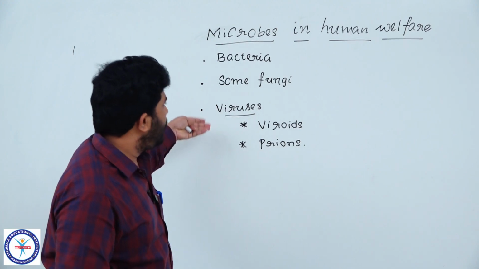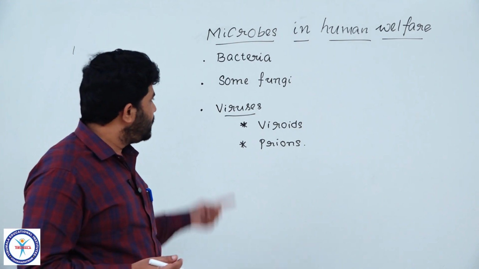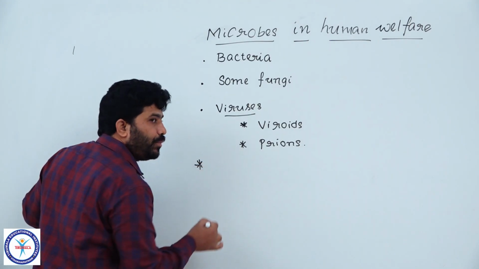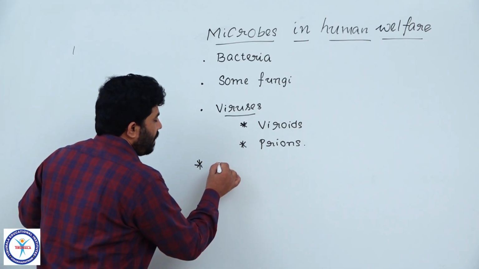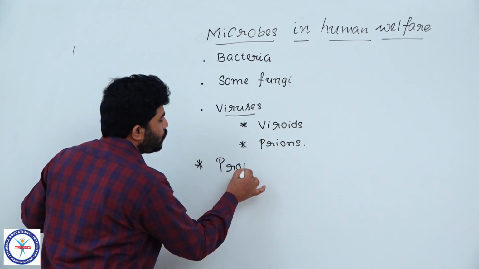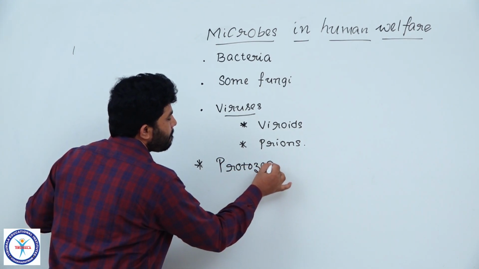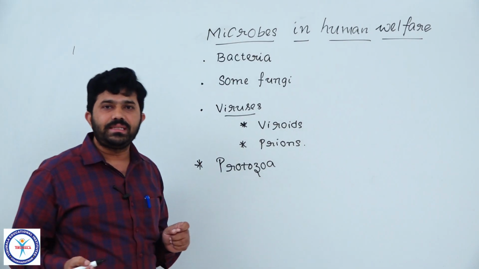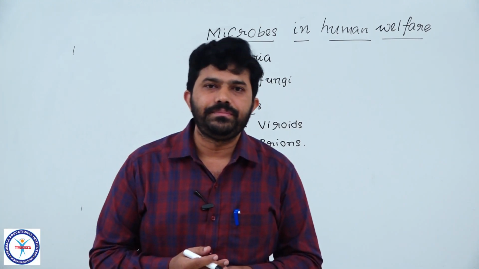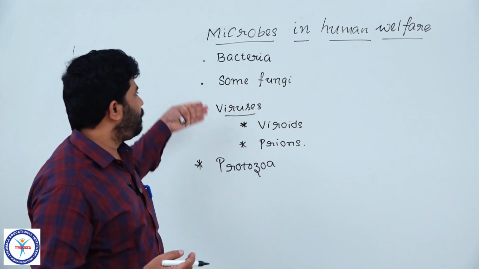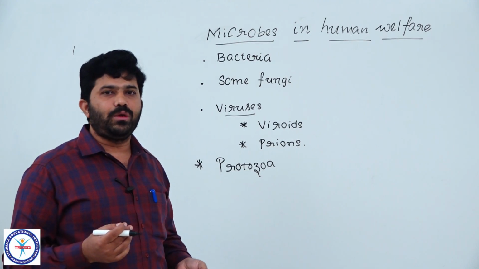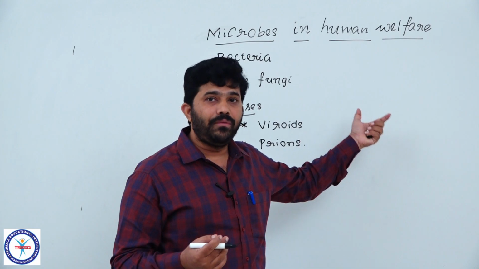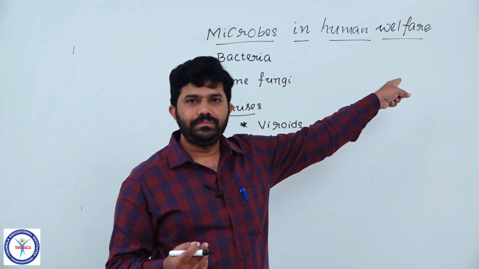Along with bacteria, fungi and viruses, we also talk about members of protozoa, which belong to the kingdom Protista. All these are the different microorganisms we are discussing. How do they help us? How do they play a pivotal role in human welfare?